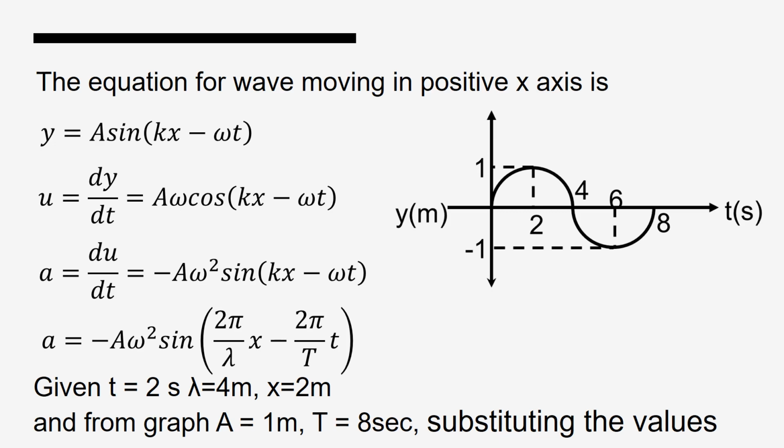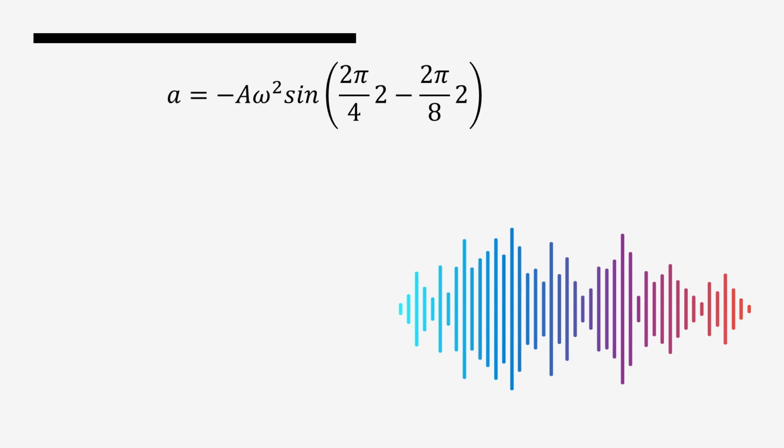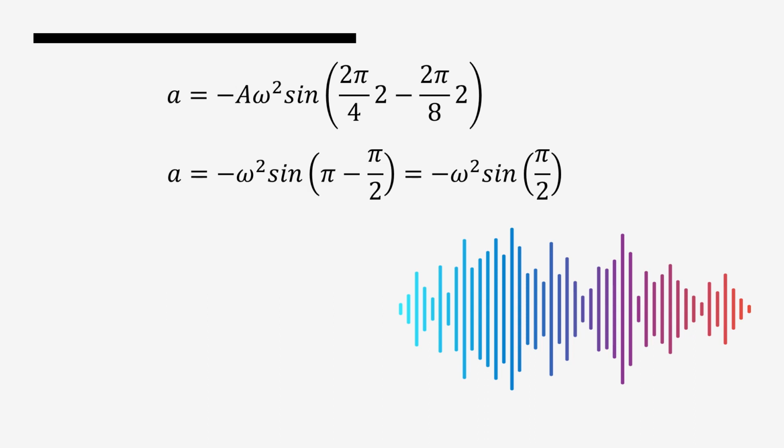Substituting the values in the equation for acceleration, we get a = −1 × ω² sin(2π/4 × 2 − 2π/8 × 2). Therefore, a = −ω² sin(π − π/2). On simplifying it, we get a = −ω² sin(π/2). As sin(π/2) is equal to 1, we get a = −ω².